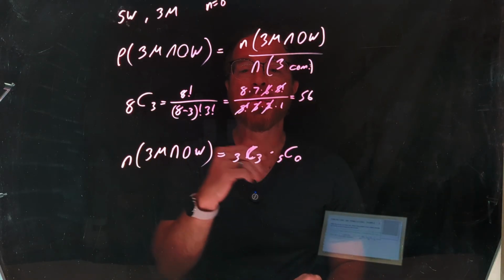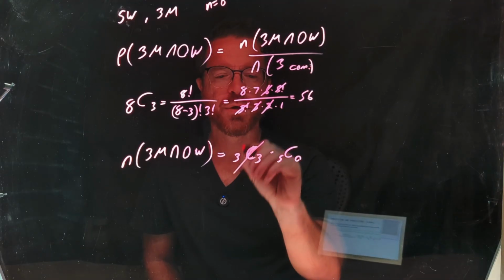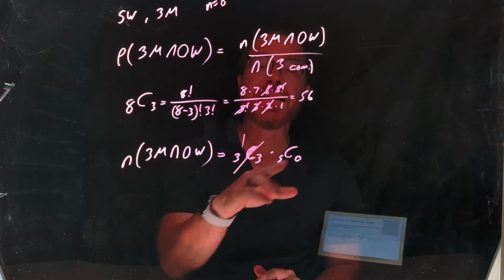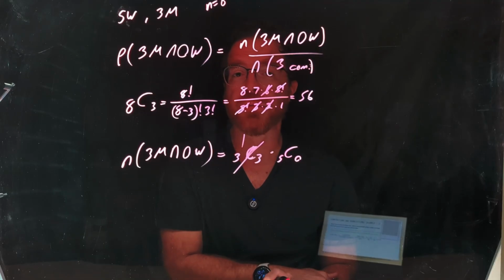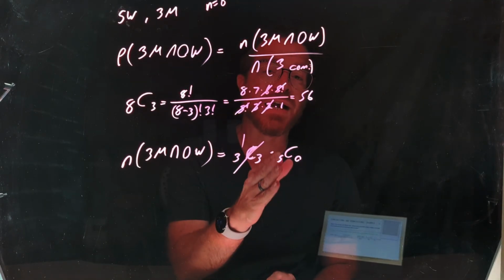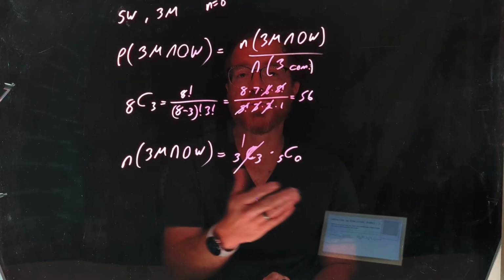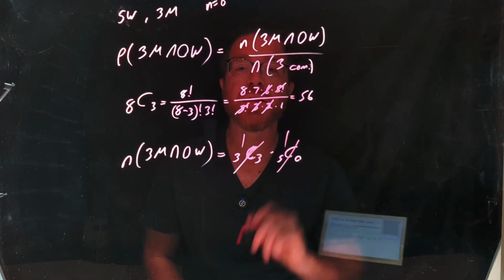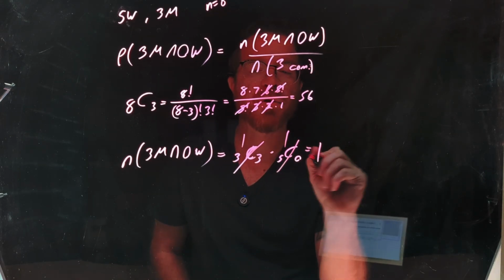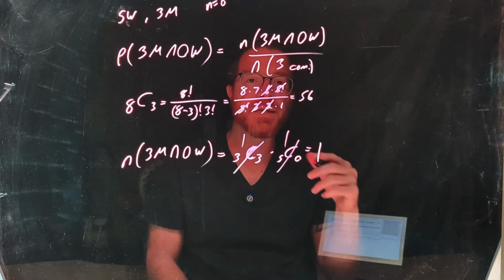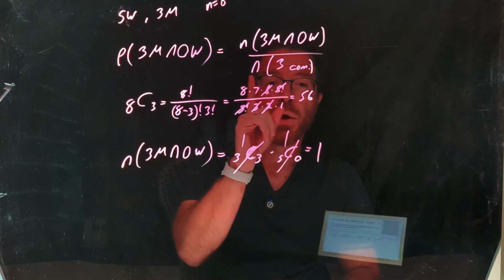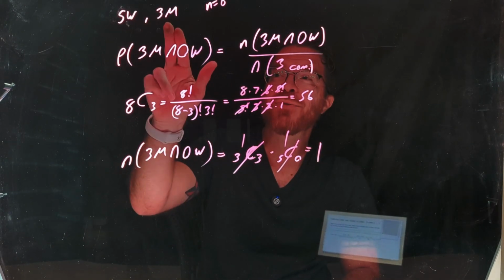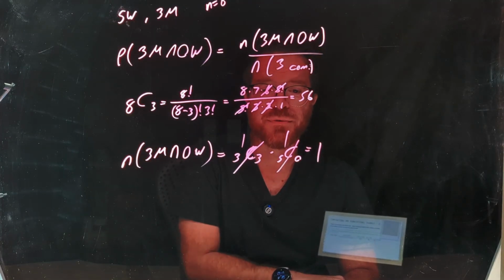N choose n will always be equal to 1. N choose 0, right? If I have 3, how many ways can I choose all 3 of them? 1 way, I choose all of them. If I have 5 women to choose from, how many ways can I choose none of them? 1 way, I choose none of them. Meaning that the number of ways that I could get a committee from these 8 people of 3 men and 0 women is only 1 possible way. I choose all 3 men and I didn't choose a single woman for the committee.